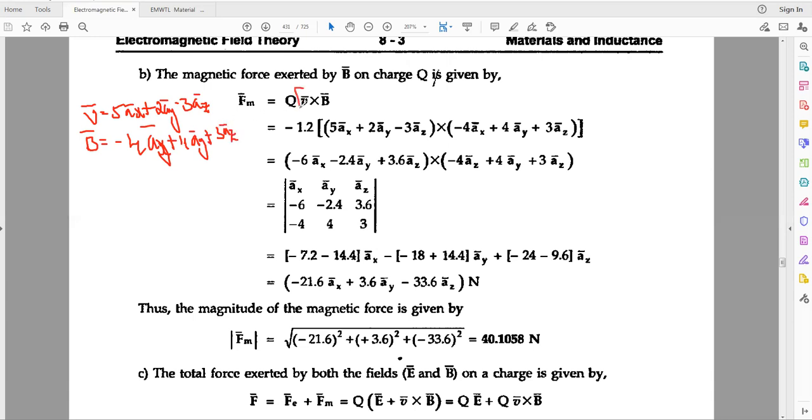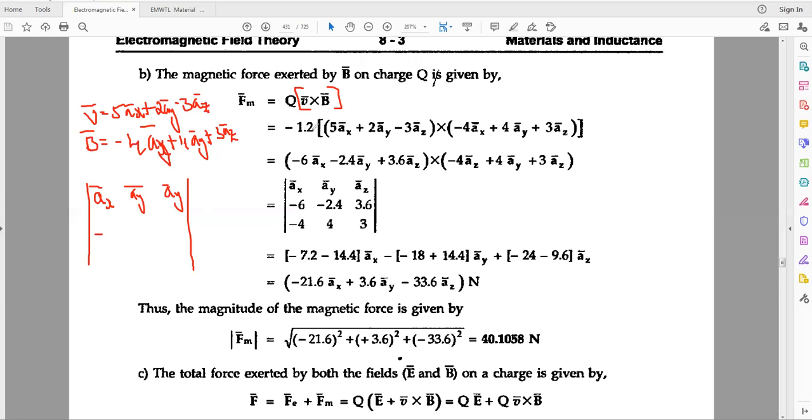Okay, here it is Q into V bar cross B bar. The cross product we know. It is in the Cartesian coordinate system, so you can write ax, ay, az in the first row. The second row is the V coefficients, the ax, ay, and az coefficients.